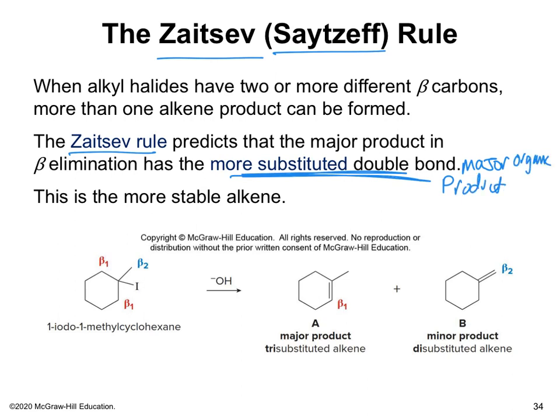And the way you do that is you label your beta hydrogens, and then this is secondary, this is secondary, this is primary. So obviously one of the beta hydrogens is going to be the hydrogen that's on a secondary, and then you can draw in your product. This is the minor product, disubstituted. If you notice, whether you did this one or that one, you're going to get the same product.